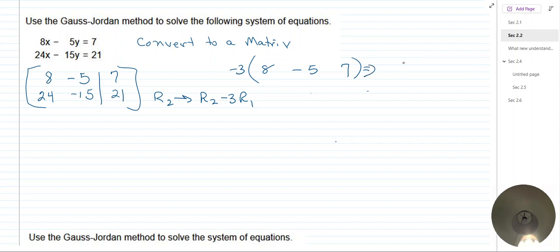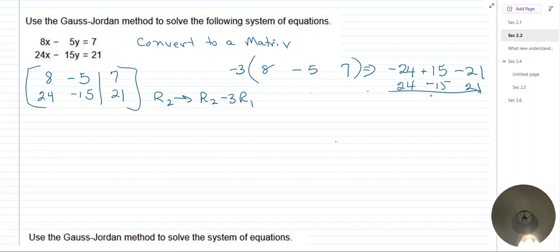Okay, so this gives me a -24, a +15, and a -21. And I'm going to add row 2 to it, 24, -15, and 21.